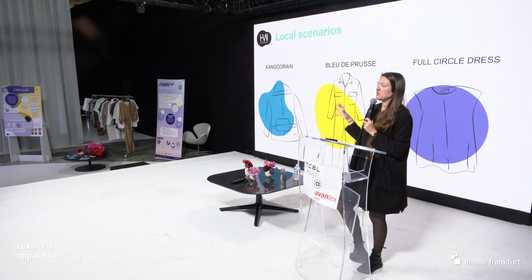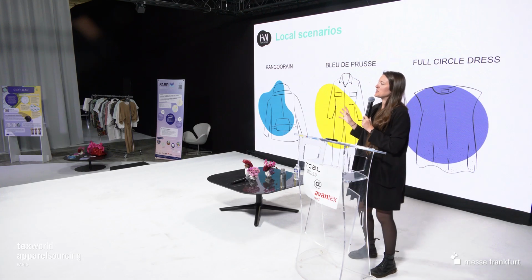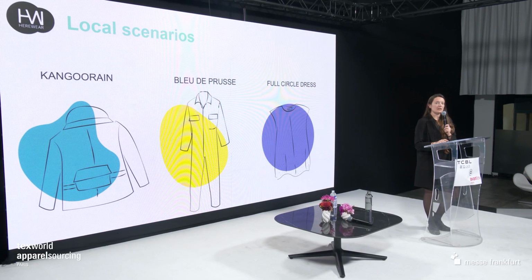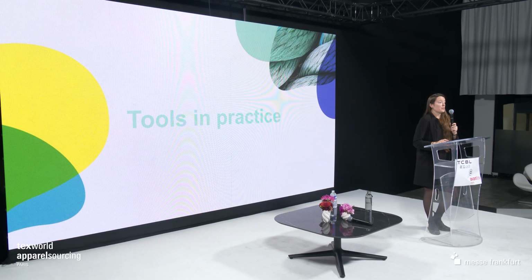And then the full circle dress was actually done by a very international team. So I think it's a more international garment, but it was really looking at material recyclability, with biodegradable sequins and that kind of approach. So really using the full life cycle to think about every stage of the design process and thinking about its circularity.